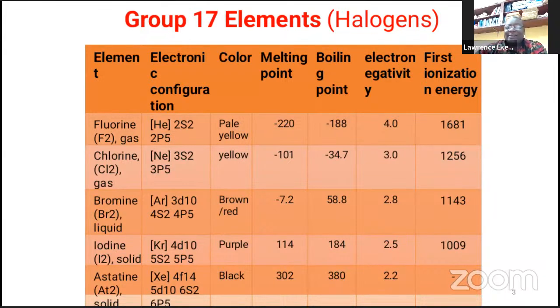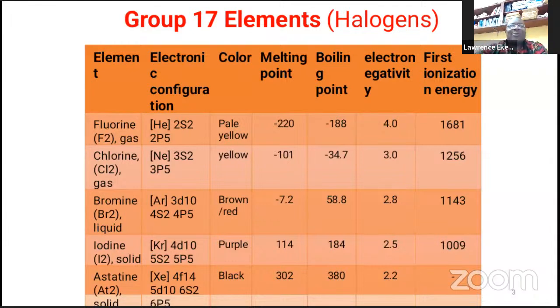There are basically 6 elements in group 17, but we are emphasizing on 5. The 6 elements include fluorine, chlorine, bromine, iodine, astatine, and Tennessee. Astatine and Tennessee are basically radioactive. They have a short span, and so we are not going to emphasize much on them.